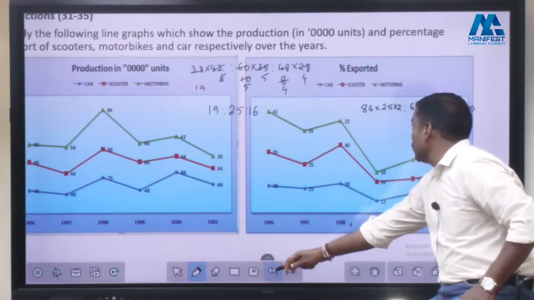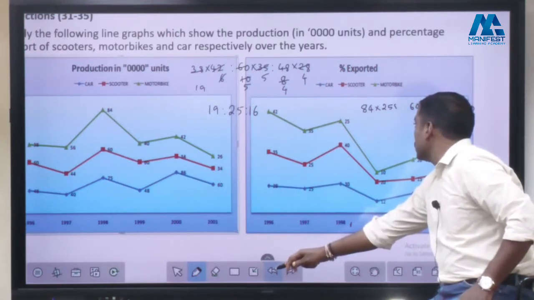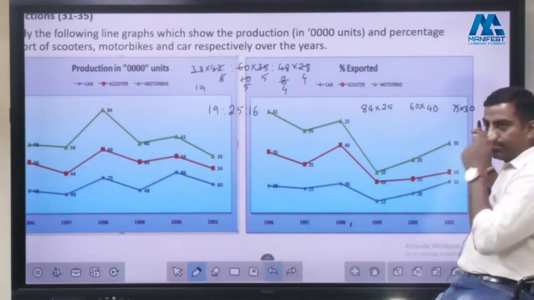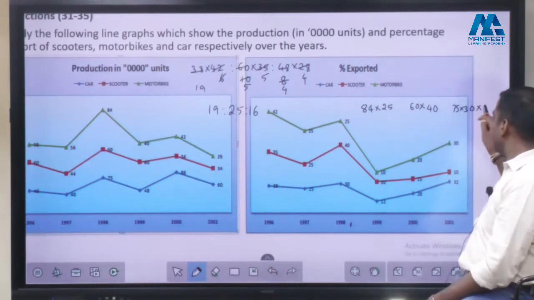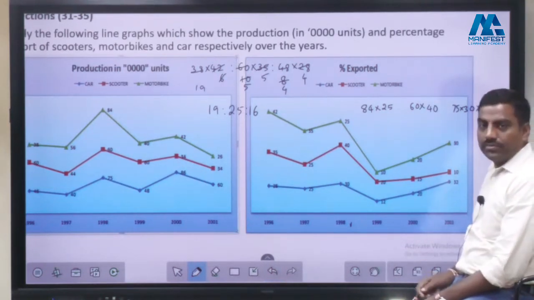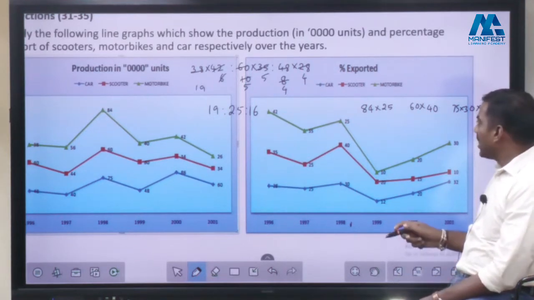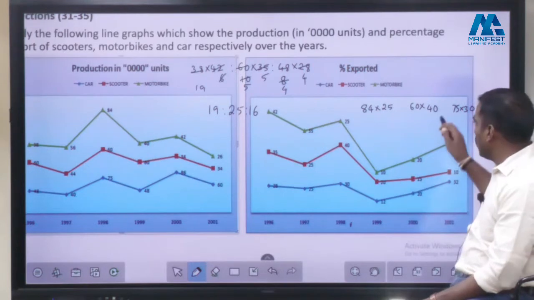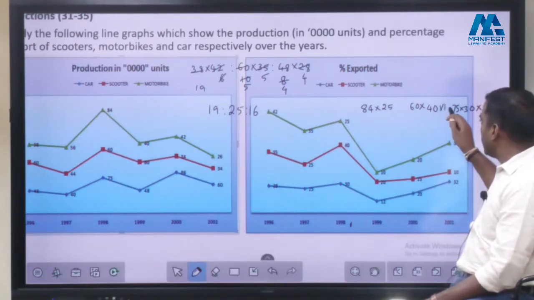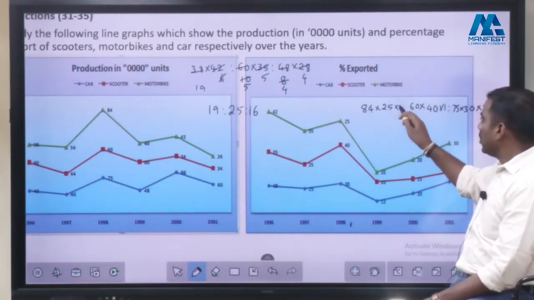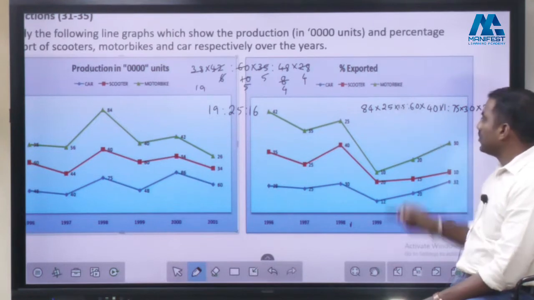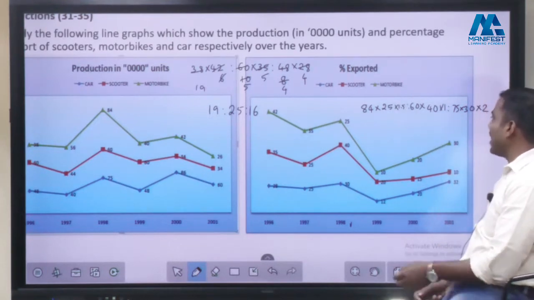For car 2, no? So these are cars. Cars 2. Then scooter. Where are our scooters? Middle one, no? 1. Then here 1.5. So try to cancel in the similar manner.